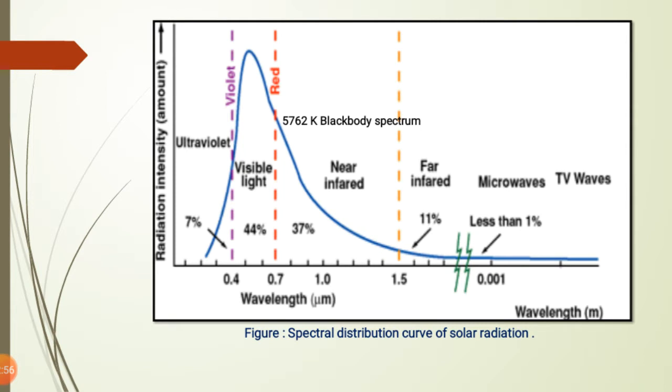There is a maximum in the visible light. The sun emits radiation in the visible region, so we get the maximum in the wavelength range 0.4 to 0.7 micrometer, where about 44% of the solar radiation is present.